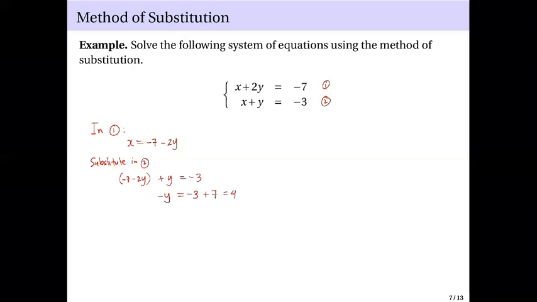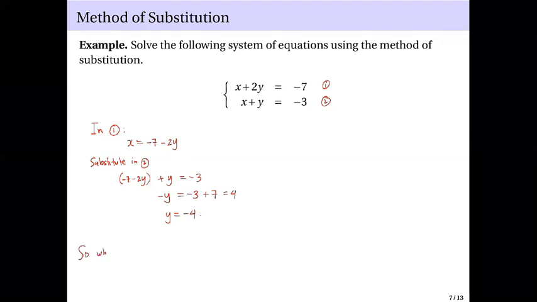This means that y equals minus 4. Okay? So now we have a value for y, it's minus 4. We now solve for x using this equation. Okay?